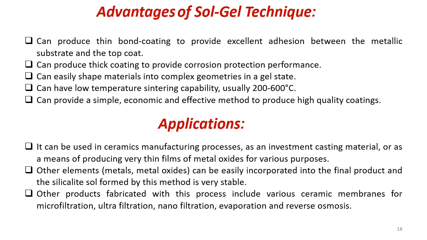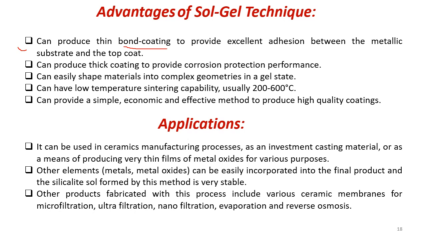Now, after knowing the wet chemical synthesis process, that is the sol-gel technique, we'll know some of the advantages of this technique. Mainly we can see that this technique can be used for producing thin bond coating. In the process we have seen that they get deposited onto the substrate.